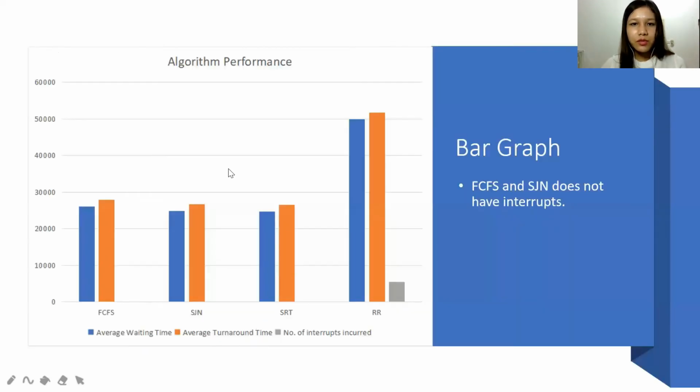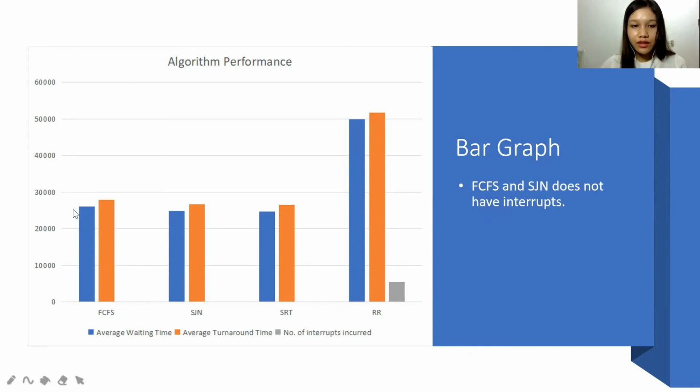Next I will explain the bar graph of the algorithm performance. As we can see, the round-robin algorithm has the highest average waiting time and average turnaround time, as well as the number of interrupts incurred. The interrupts for shortest remaining time barely can be seen because it has the lowest.